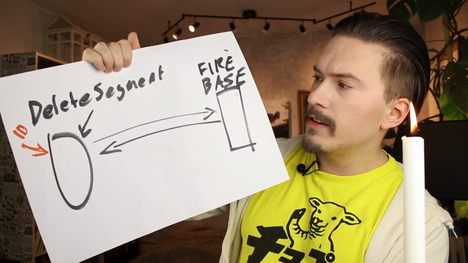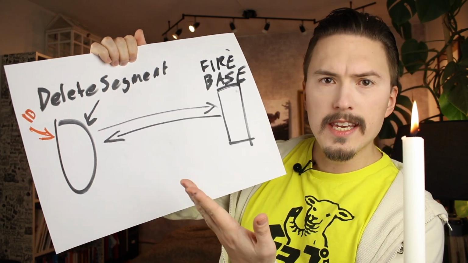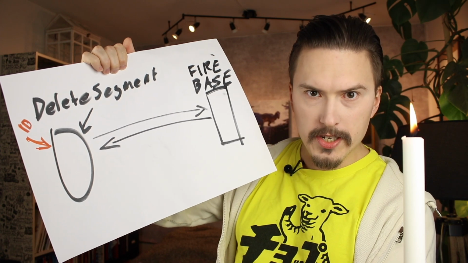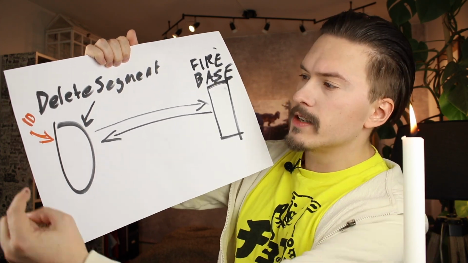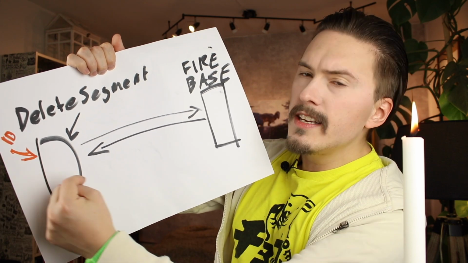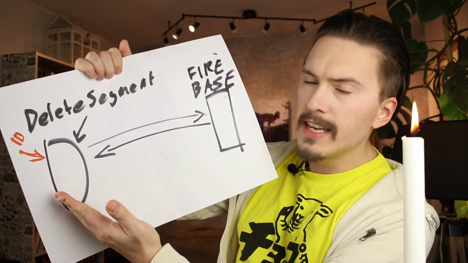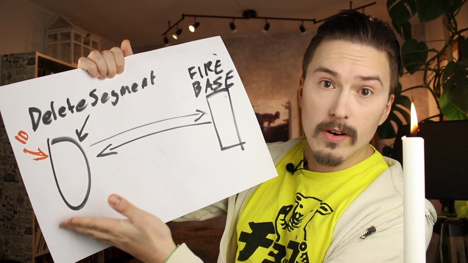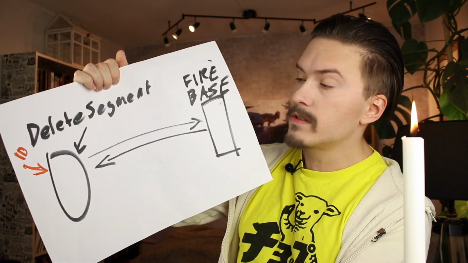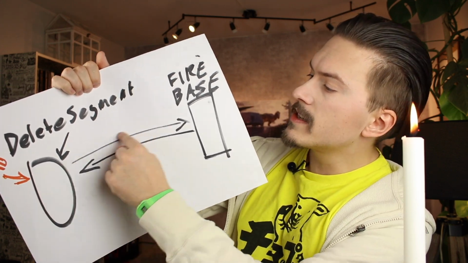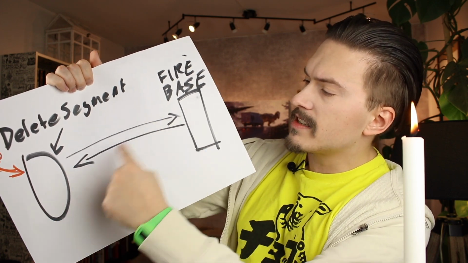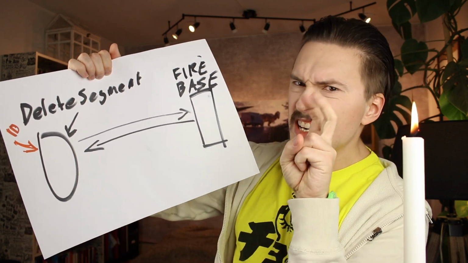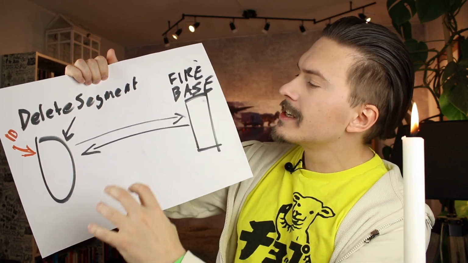So you see that with delete segment, the whole input-output situation, what we test is quite intricate because it's not only the ID that we are passing in as an argument to the delete segment call, so to speak. It's also this interaction, this stuff that it does behind the scenes, like its dealings with Firebase.